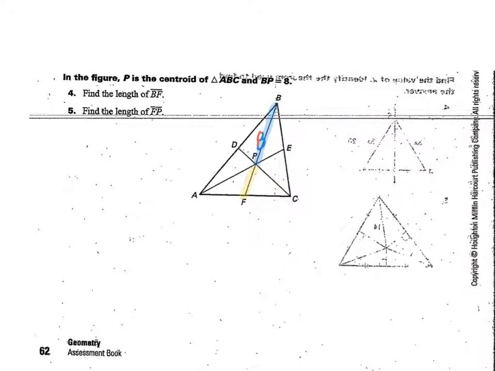Okay? Remember that this is 2/3 of the way. This is only 1/3. So remember, what do you got to do to this number to figure out what this part is? I would figure out FP first and then add the two together to get BF for the other one.